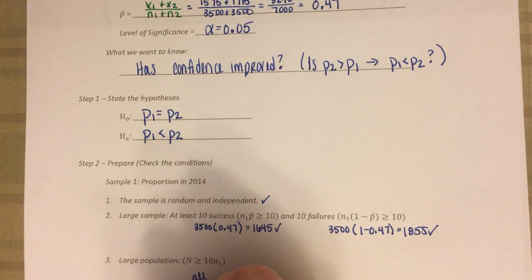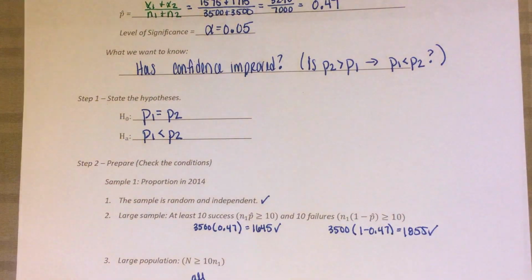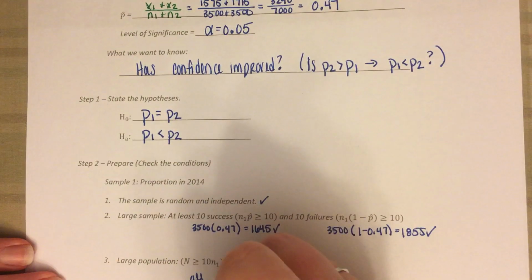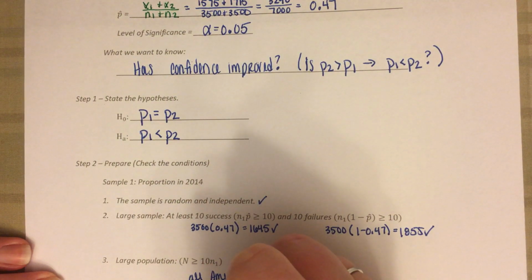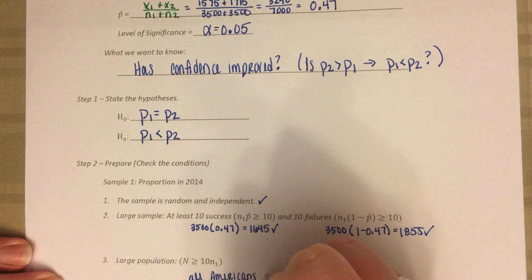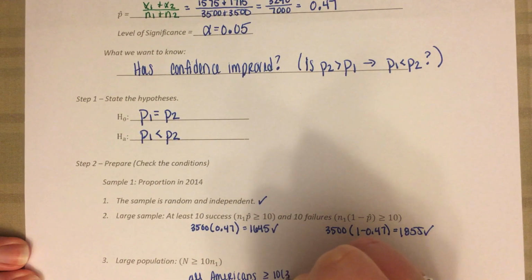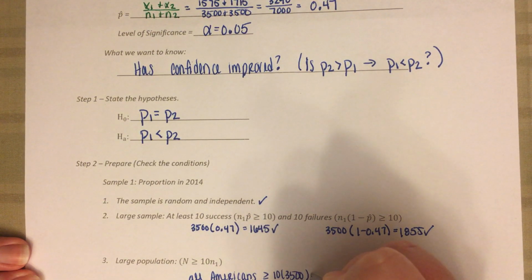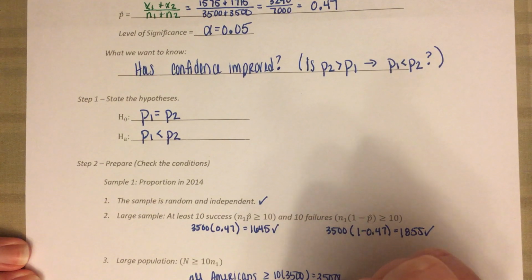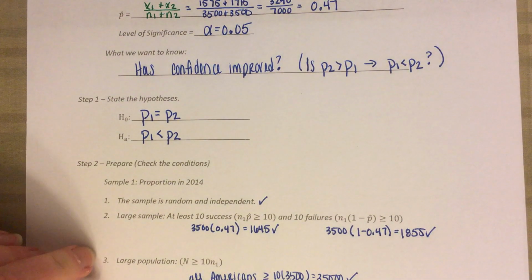And then our large population is going to be that of all Americans, greater than or equal to 10 times 3,500, which is 35,000. There are more than 35,000 people in America.